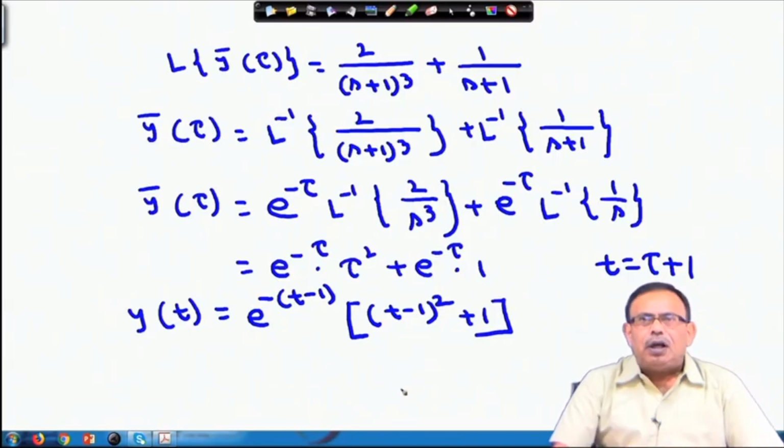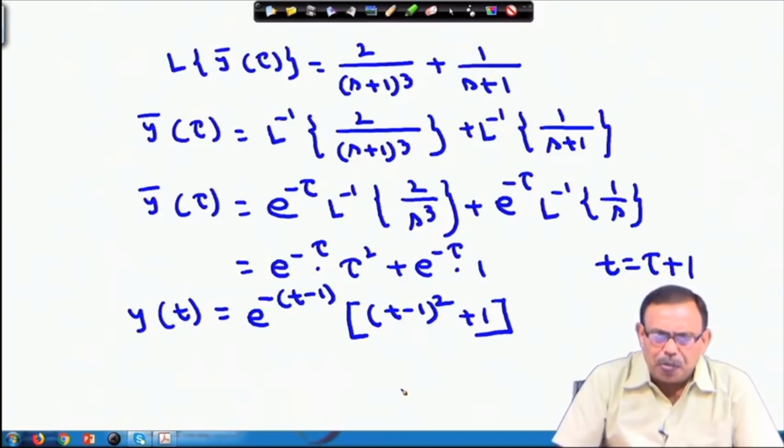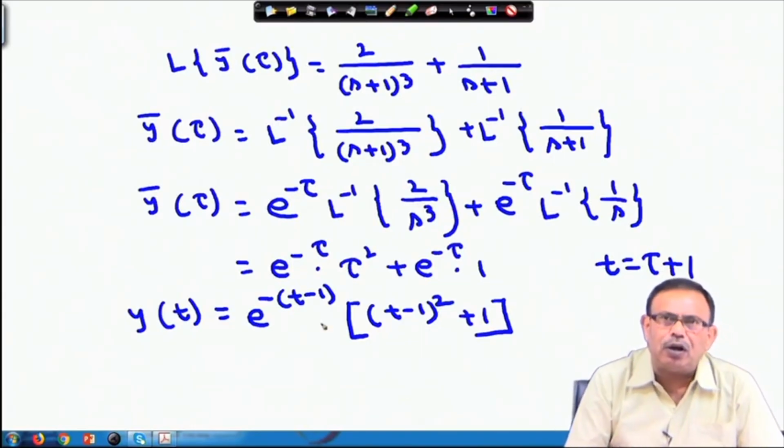So you see we are changing the parameter, and by changing the parameter we are bringing the condition into a format where we ultimately get the values of y bar 0 and y dash bar 0. So this is one type of solution of ODE. We have done two types of solutions. One type is when you have constant parameters.